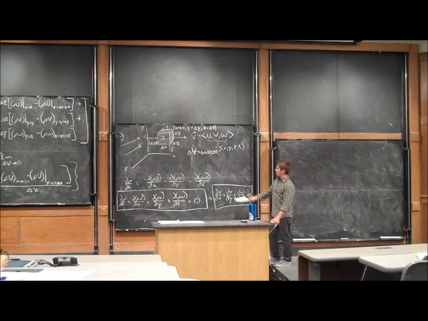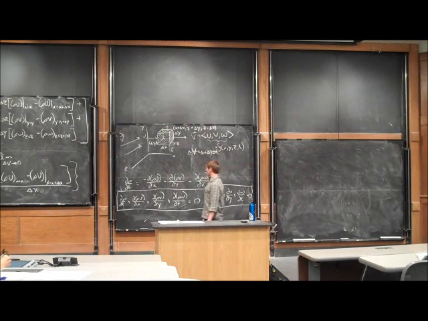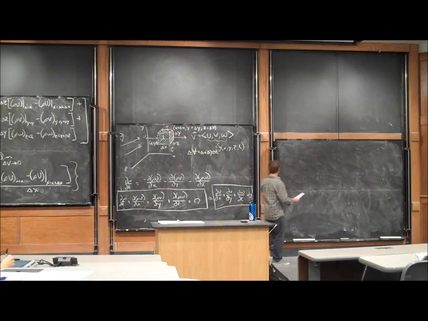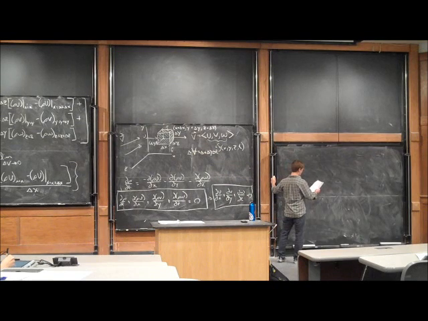Similarly, for Cartesian coordinates, you can derive this equation for both cylindrical and spherical coordinate systems. This is all done in the e-book, so I'm not going to do it.